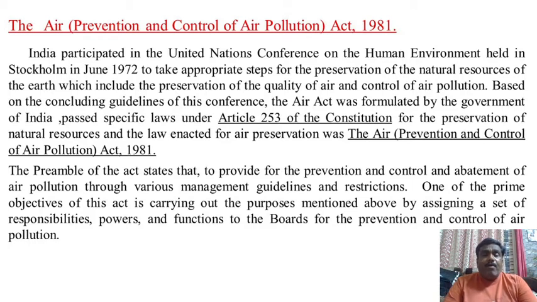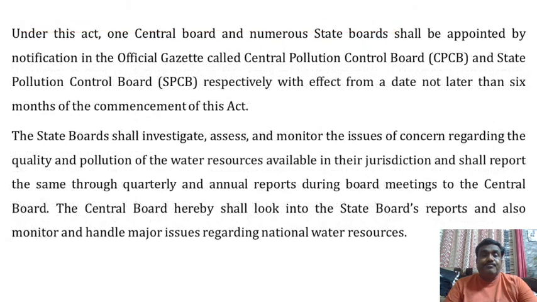The preamble of the Act states that it is to provide for prevention, control and abatement of air pollution through various management guidelines and restrictions. One of the prime objectives of this Act is carrying out the purpose mentioned above by assigning a set of responsibilities, powers, and functions to the boards for the prevention and control of air pollution.